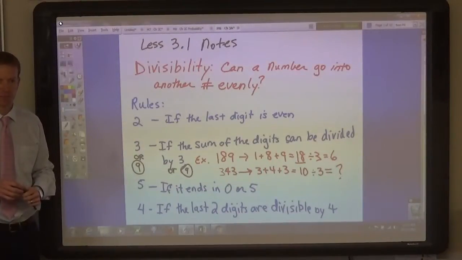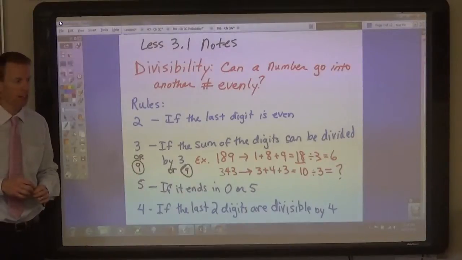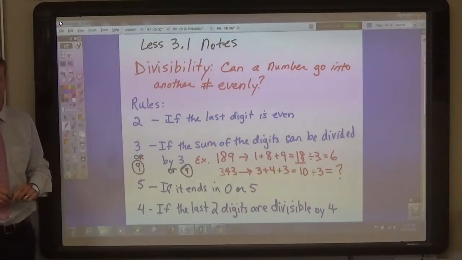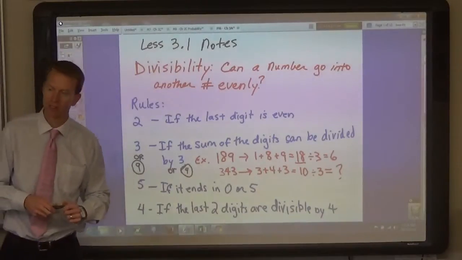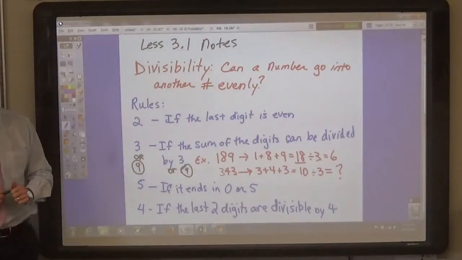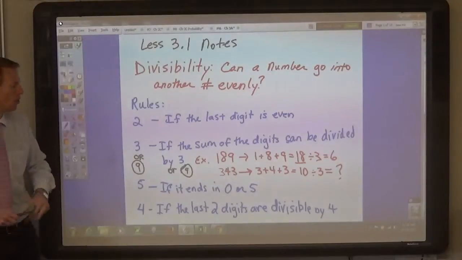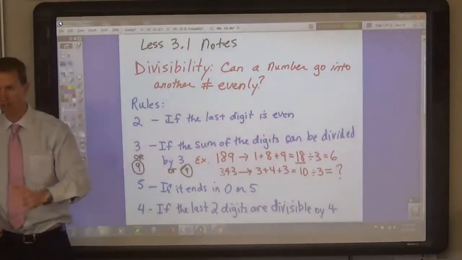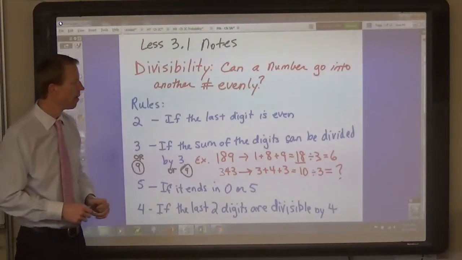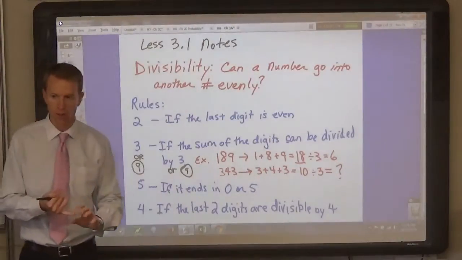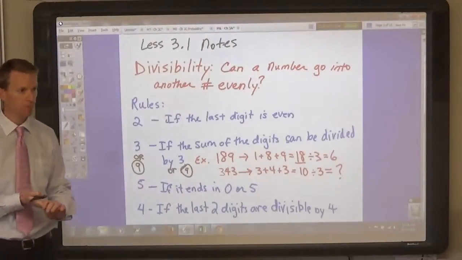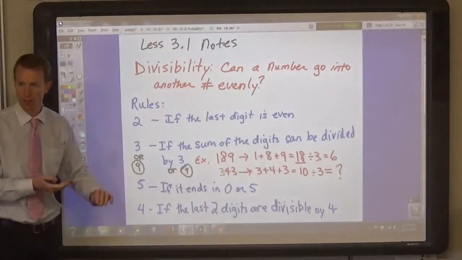The double stacks are all even. 2 is divisible by 2. 4, 6, 8, 10, 12, 14, and so on. So any number that ends in a 0, a 2, a 4, a 6, or an 8 is even. Understand the rule for 2?